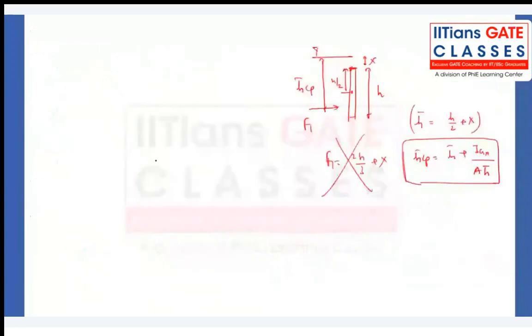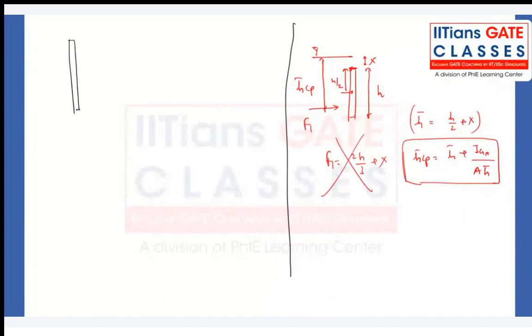If I just write it on the next page, that is better. This is my barrier and this is the force of water at a height of 1 meter. So my F2 acts at a distance from the free surface of 2 by 3, because we know the formula 2h by 3 where h is 1. So from the bottom it is 1 by 3.